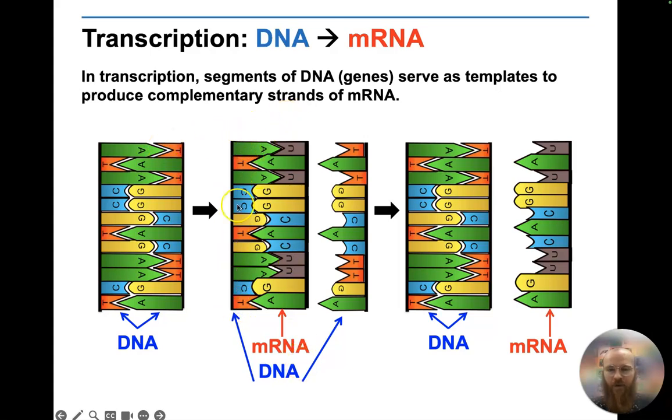So we have the left and the right original DNA strands. This left portion is going to be a gene or a section of DNA that I need, instructions for making a certain protein. I would then do the process of transcription to create a messenger RNA here in the middle. And then once I'm done making that copy, I can release the messenger RNA and the DNA will zip back together, and I've done my job. I have this message ready to deliver.